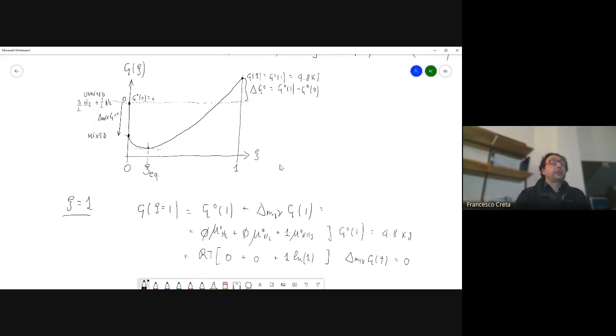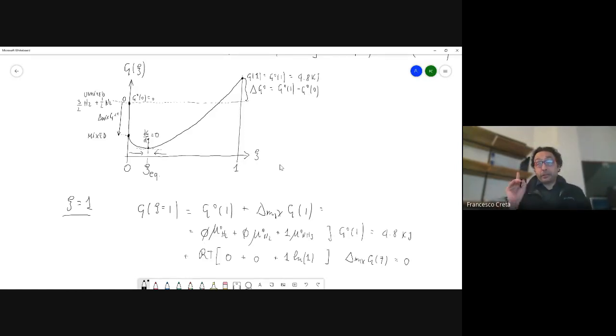It means that spontaneously the system will be driven towards this point, either from left to right or from right to left, depending where we start from, okay? And this would be my minimum of Gibbs energy, so dG by dXi equals 0, okay? But we did all of this purely analytical.